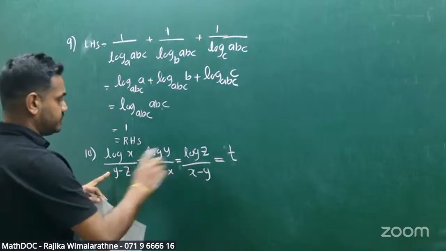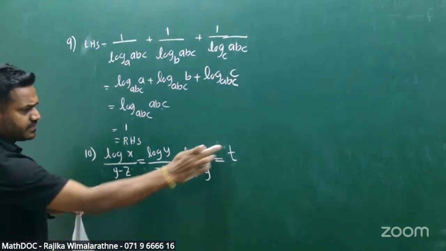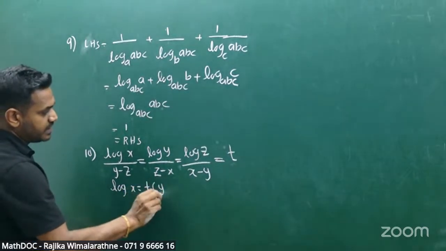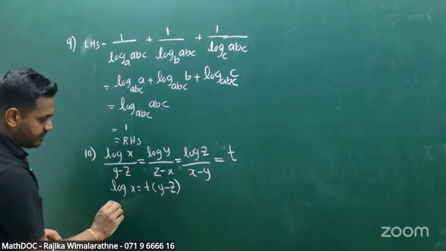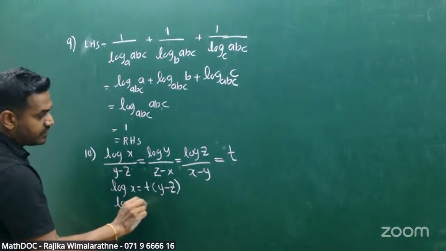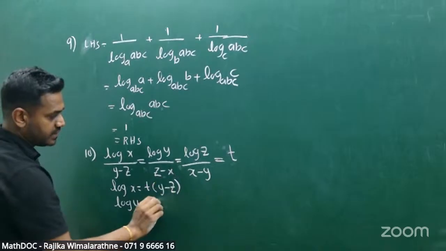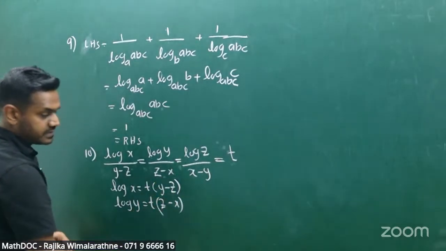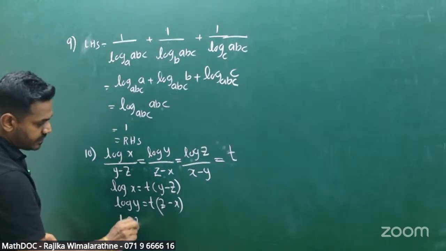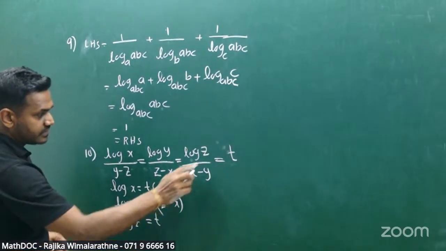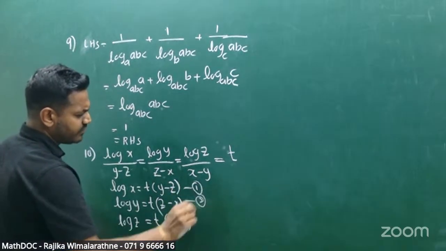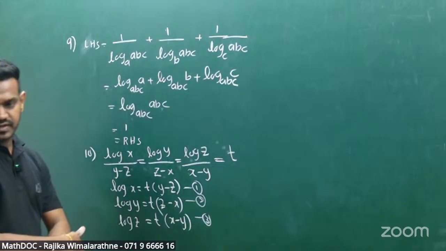Then take these two and cross multiply: log x equals t times y minus z. Then log y equals t times z minus x. Then log z equals t times x minus y. Here 1, 2, 3.